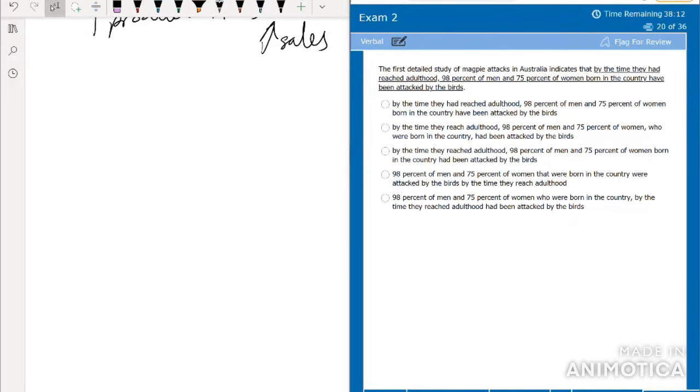First detailed study of magpie attacks in Australia indicates that by the time they had reached adulthood, 98% of men and 75% of women born in the country have been. So we've got had reached adulthood and have been, so that's not great.